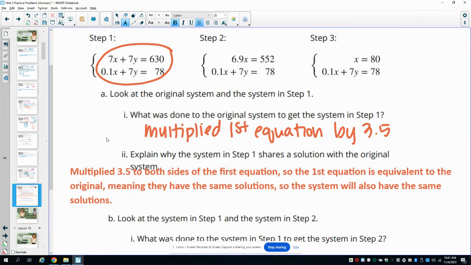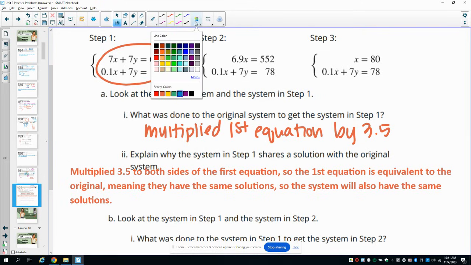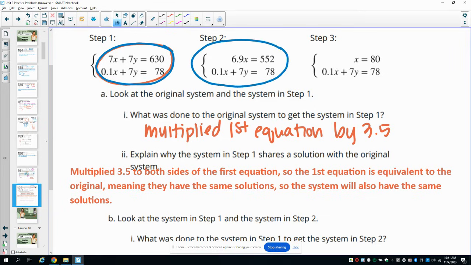Part B asks us, what did they do from step 1 to step 2? So now how did they go from step 1 over to step 2? So we can see they're still working with that top equation, or there's something changing there, right? So what they ended up doing here is subtracting the sides, right?